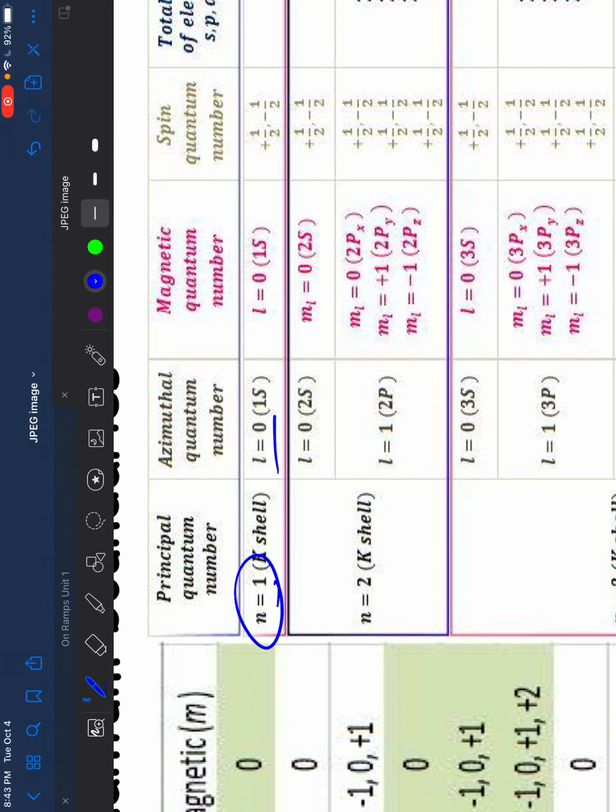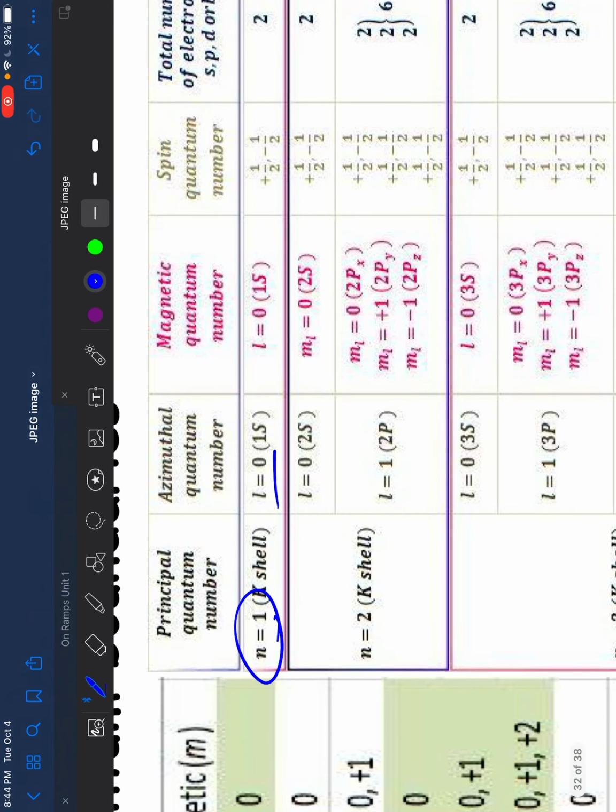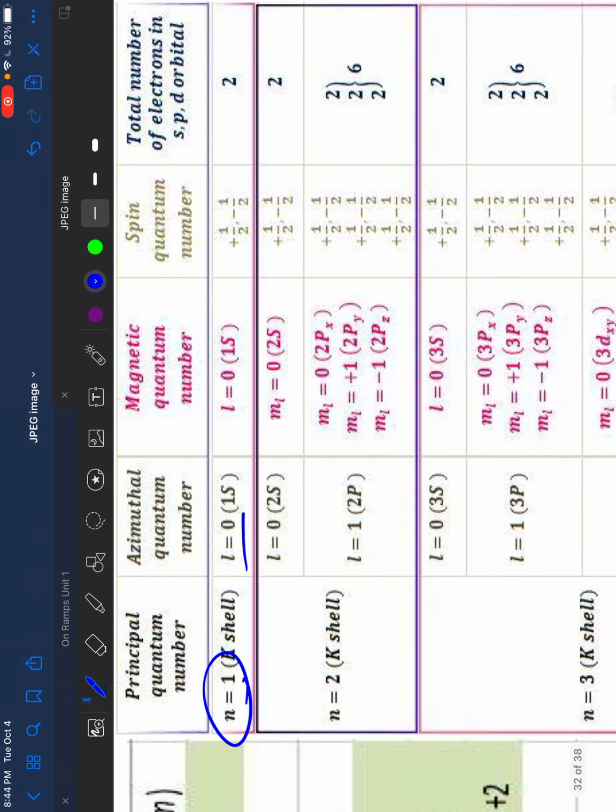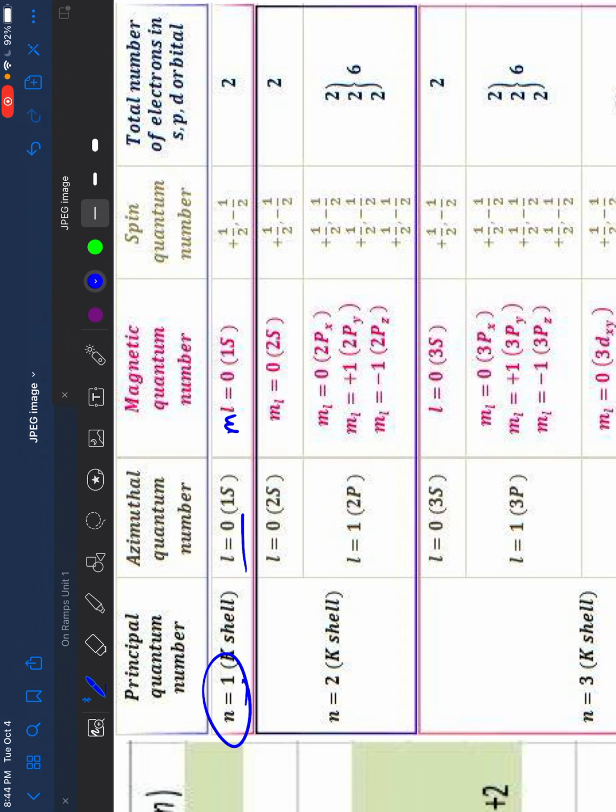If you ever see n equals 1, L must equal 0, then ML must also equal 0. And you can only have positive 1/2 or negative 1/2. So in 1s2, you can only have one going up and one going down. That's what that means.